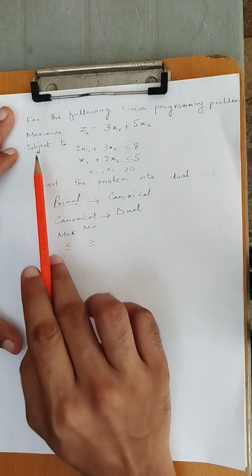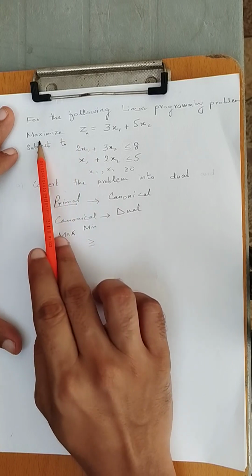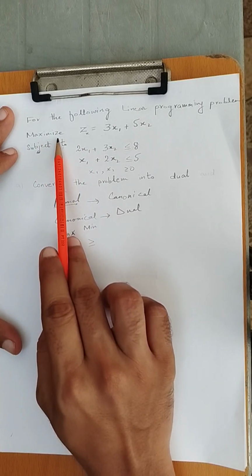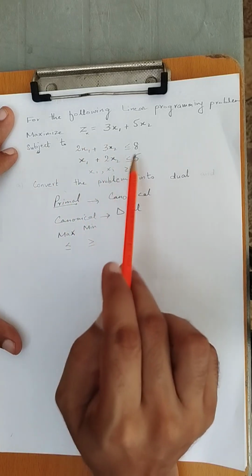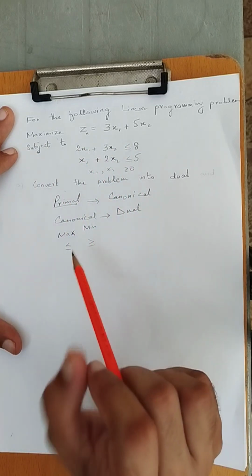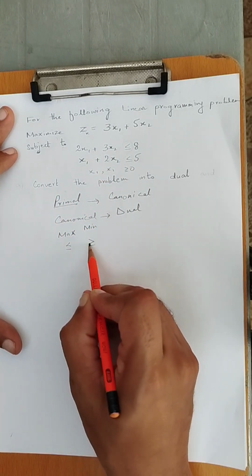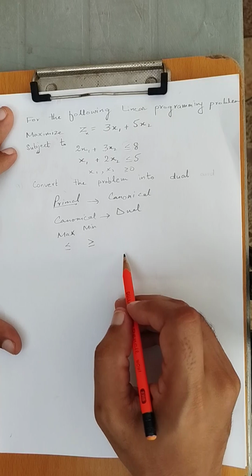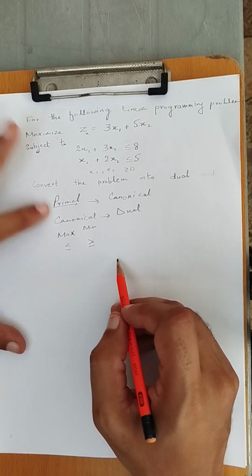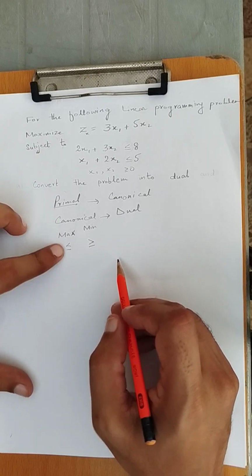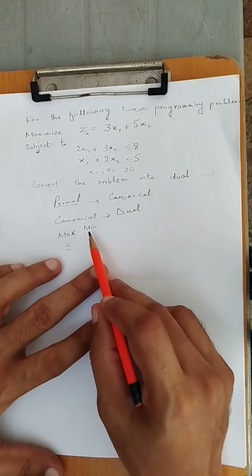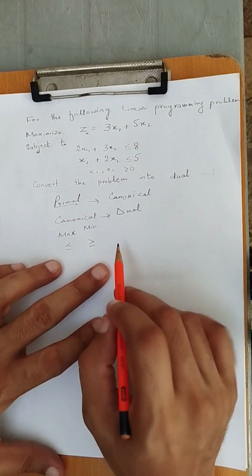And whenever the primal function is in minimization of cost, the constraints must be not less than, but greater than or equal to. This is very important. When it is done, you have to convert it into the dual form.